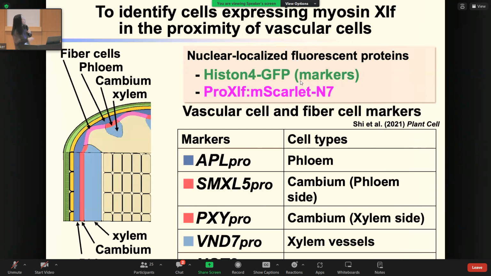Plants expressing histone 4 GFP under the control of these promoters were crossed with plants expressing an RFP tagged nuclear marker under the control of the 11F promoter.